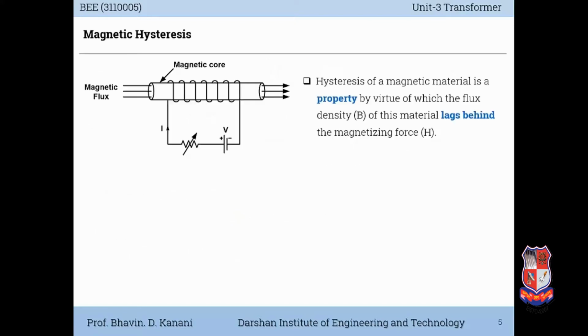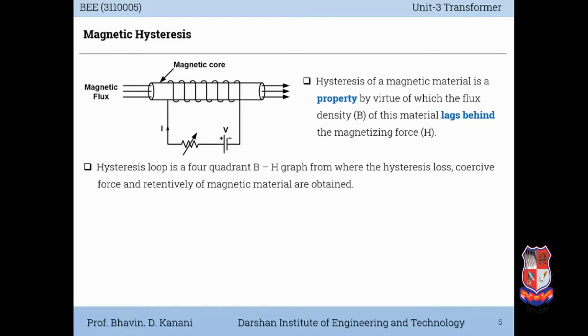Magnetic hysteresis. See from this figure. Hysteresis of a magnetic material is a property by virtue of which the flux density B of this material lags behind the magnetizing force H. Hysteresis loop is a 4-quadrant BH graph from where the hysteresis loss, coercive force, and retentivity of magnetic material are obtained.